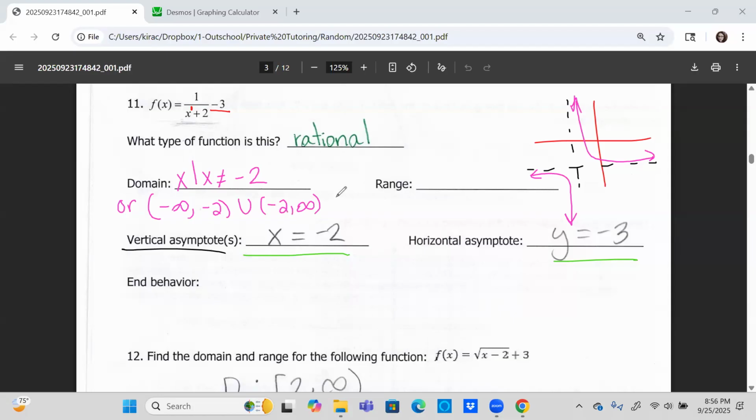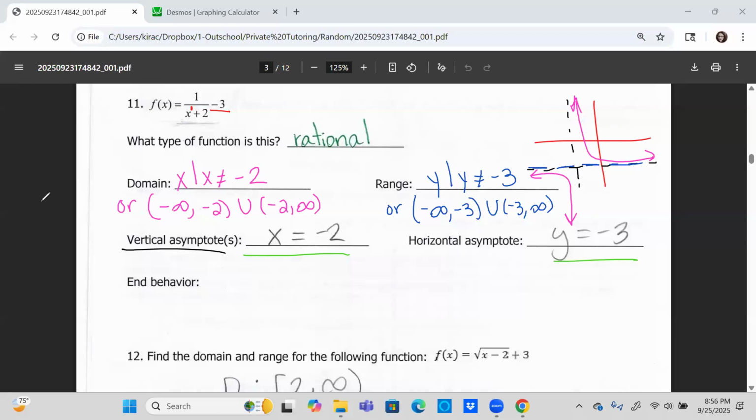You just can't actually do -2. And the range, any y value is possible except for where this horizontal asymptote is. So y such that y cannot be -3, or in interval notation, you can go from negative infinity until -3 and -3 to infinity. You just can't hit -3.